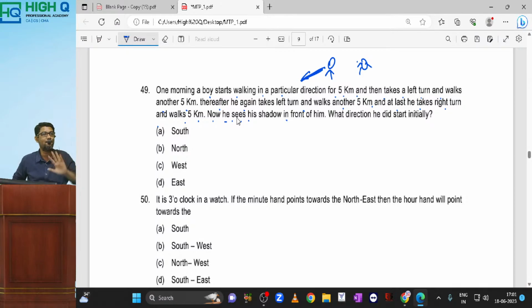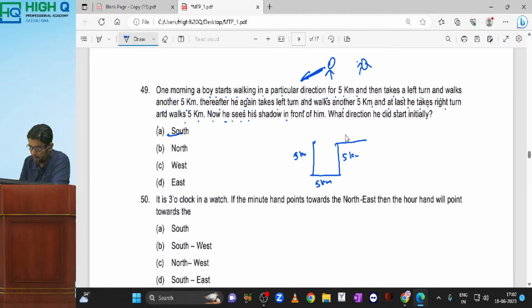Initially, which direction I'm moving is not given. That is what they ask you to find out. So how to do it, I'll tell you. What is the first option? South. Let me start. One morning, boy starts in a particular direction, 5 kilometers south he is walking, and then takes a left turn and walks another 5 kilometers. Thereafter he takes a left turn and walks another 5 kilometers. At last he takes a right turn and walks 5 kilometers. Now he sees shadow.